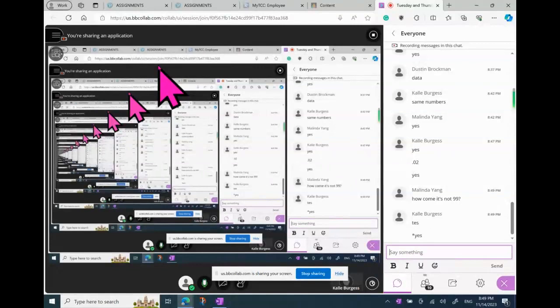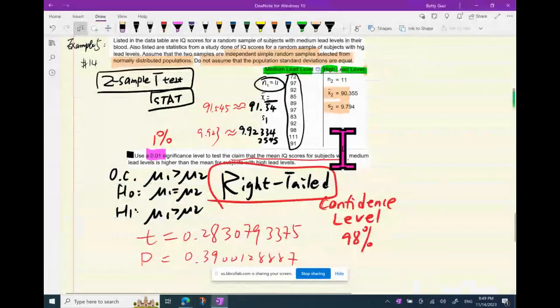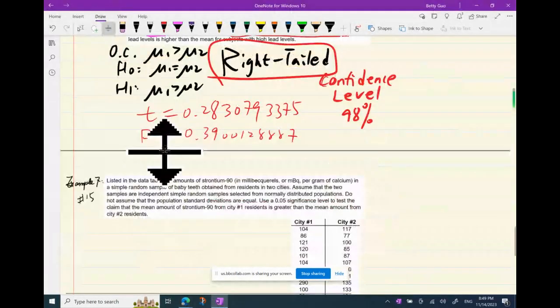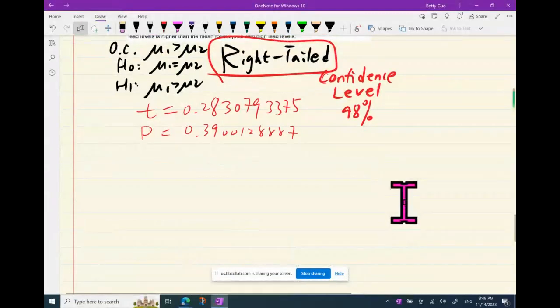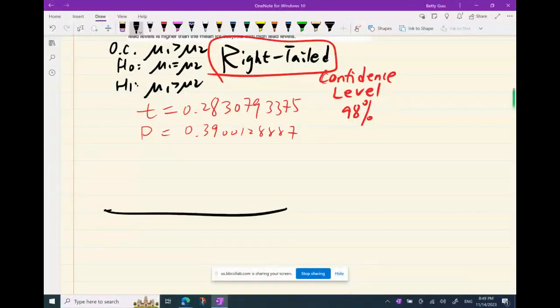Because the test is a one-tail test, it has a critical region on the right side. The critical region on the right side has an area of 1%, but now we are using the confidence interval method.